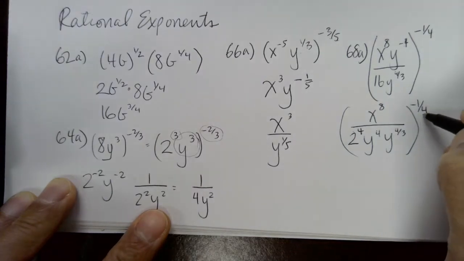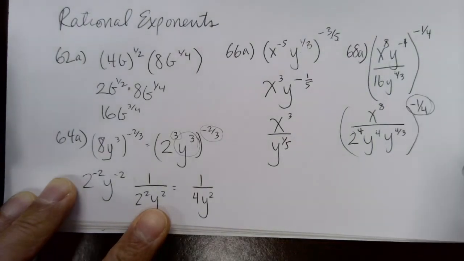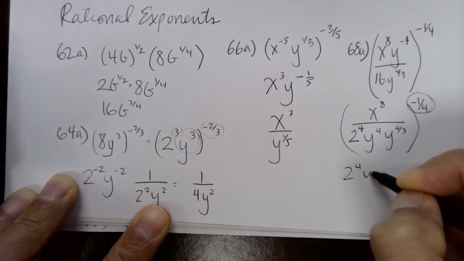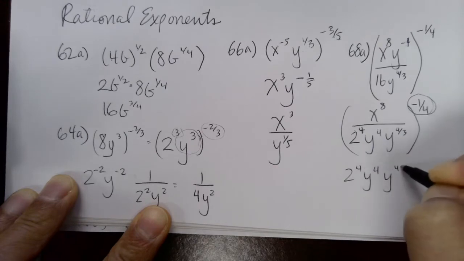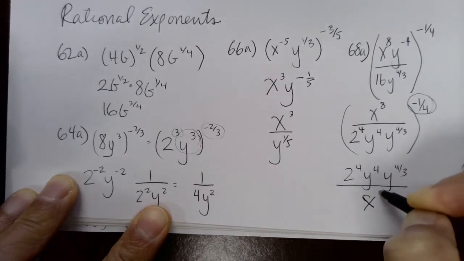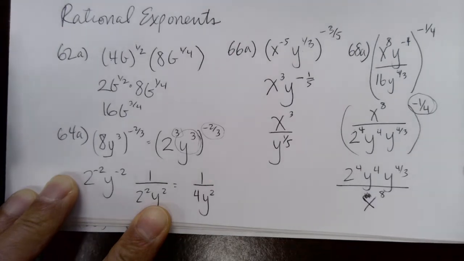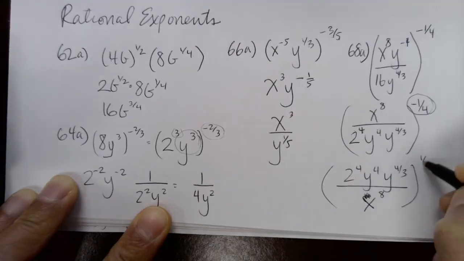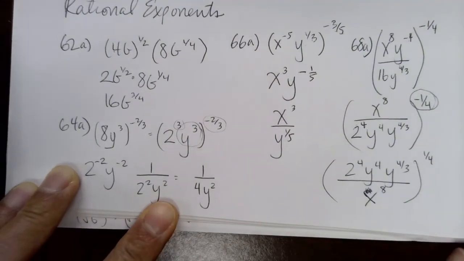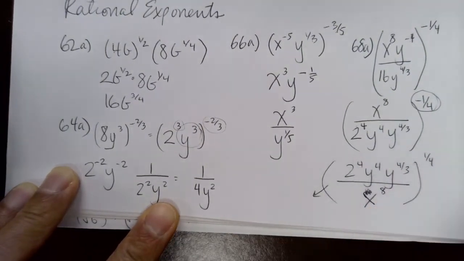Here, we will take care of that negative and move everything on the bottom to the top, and on the top to the bottom. Oops, x to the 8th, and you don't have to do it all this way, but there are different ways that you could do it. And I'm out of space on this piece of paper, so let's go over here.